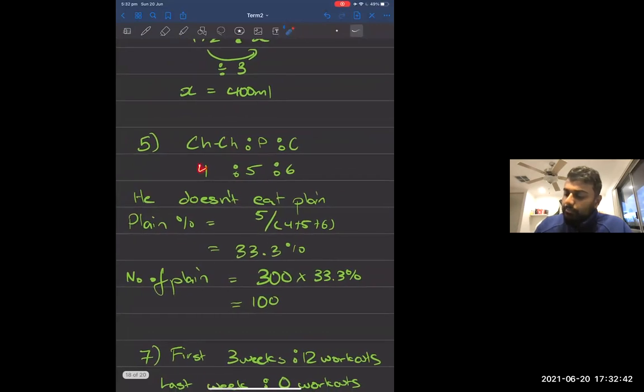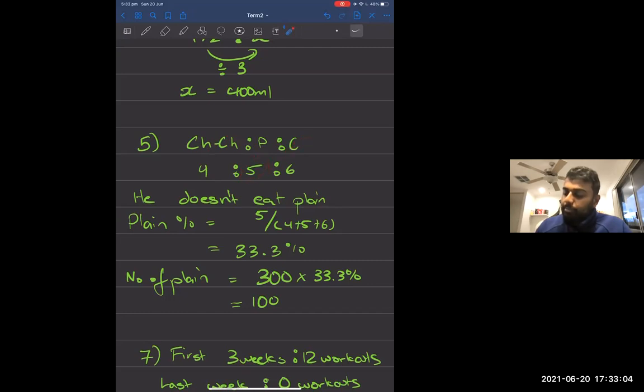It is 4 to 5 to 6. The easiest way to find out is that we know he doesn't eat anything that's not chocolate. He will be eating choc chip, he will be eating chocolate. So there's plain left over.